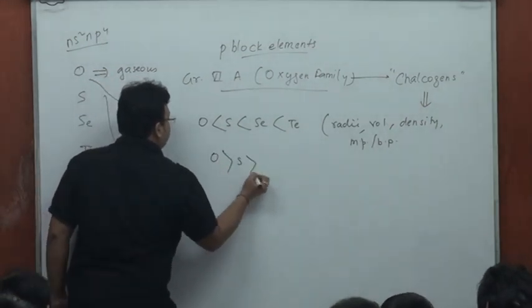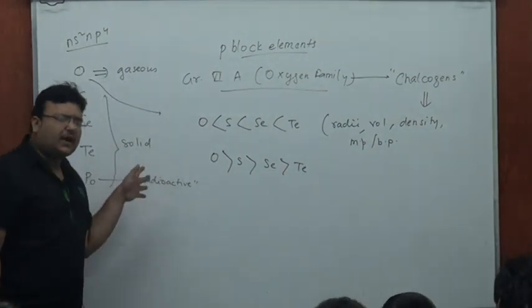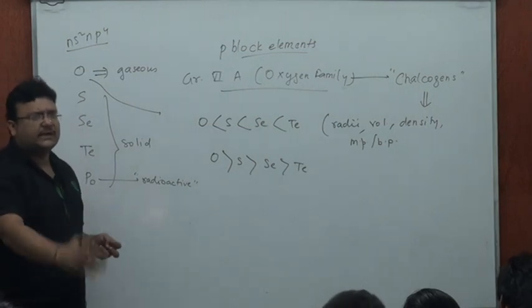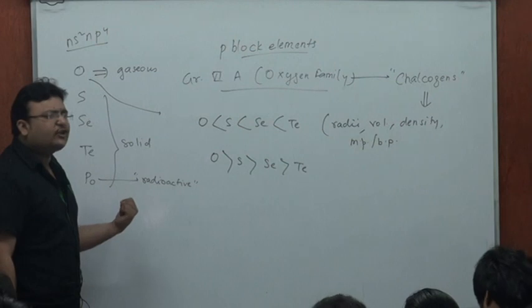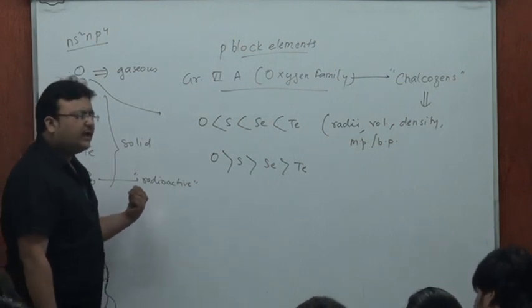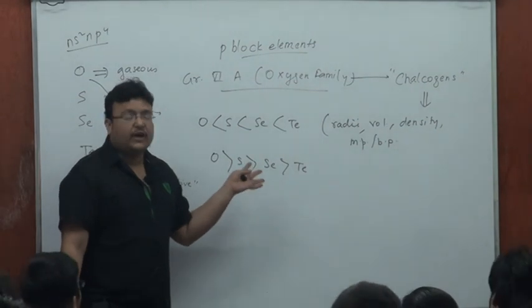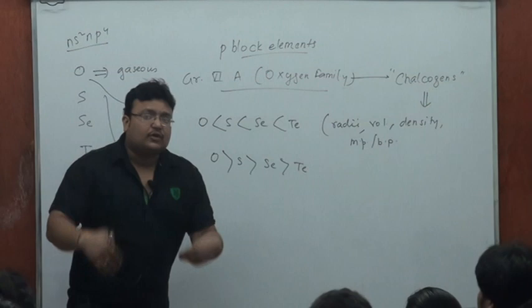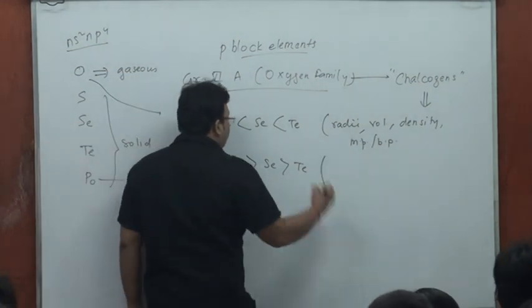And because we're talking of group 6, a p block element next to halogens on the right hand side of the periodic table, they're supposed to be naturally electronegative. So the focus would be upon their electronegative nature, the tendency to gain electrons, and certainly it decreases down the group.